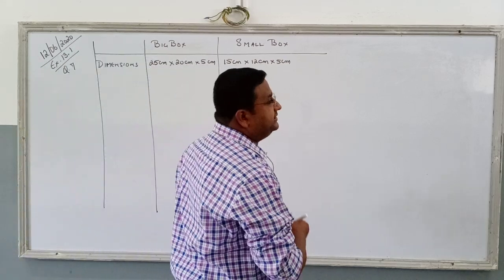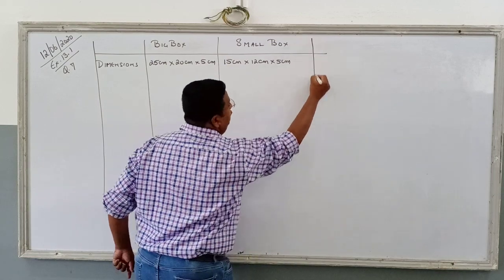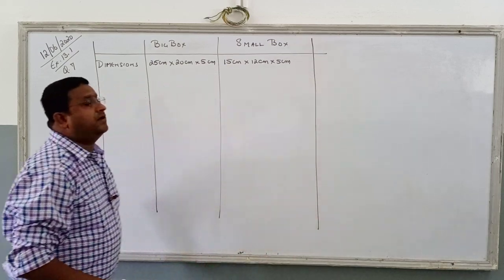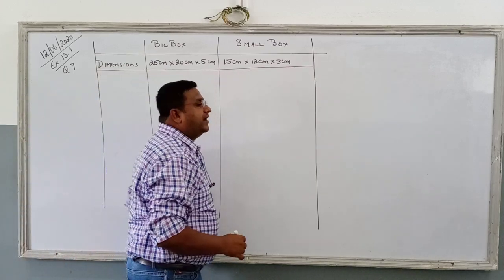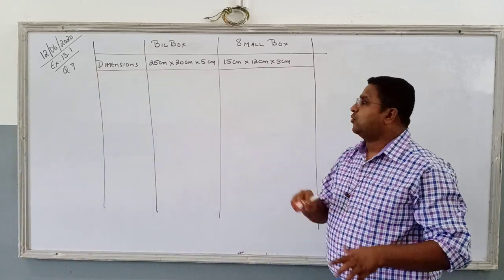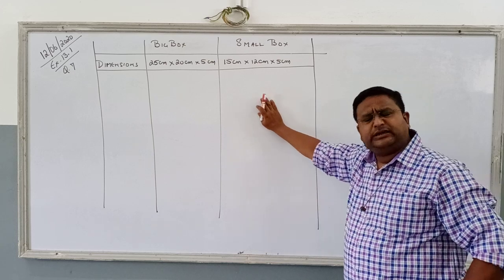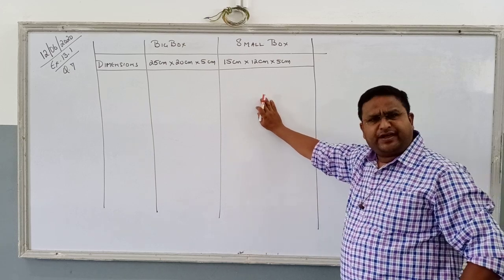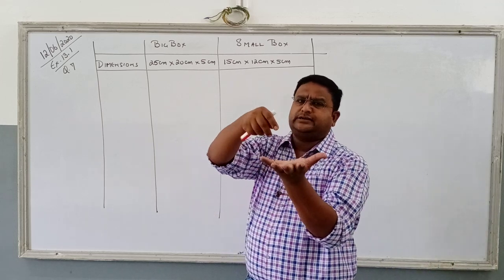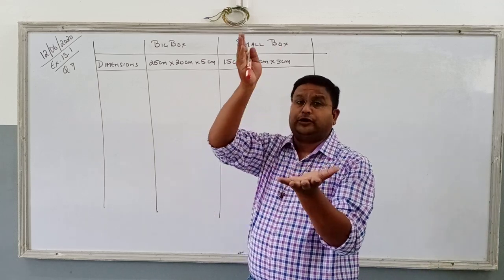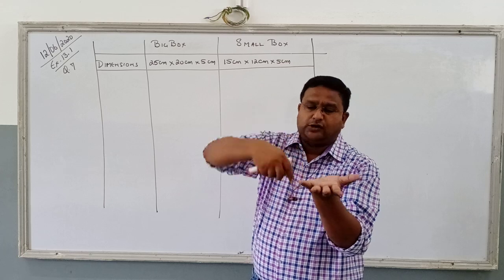Now students, this is the part where we have to discuss. First thing, the dimensions are given to us, so we can find the total surface area of this box. But the question arises, when we look at the box, there is one portion in which we put the sweets. Just imagine, it is open from the top: 5 faces, 4 walls and the base.